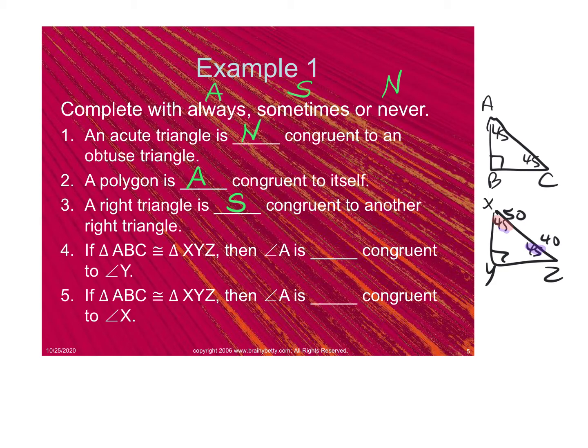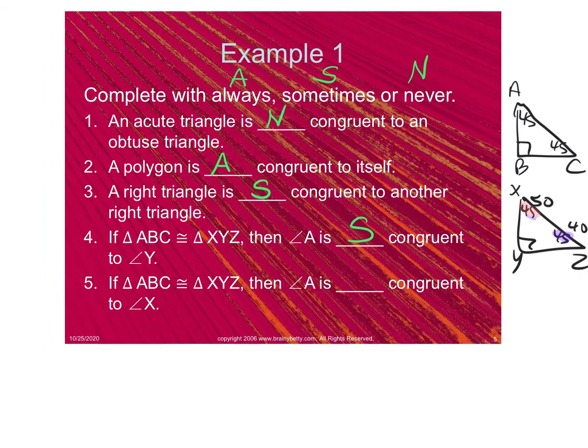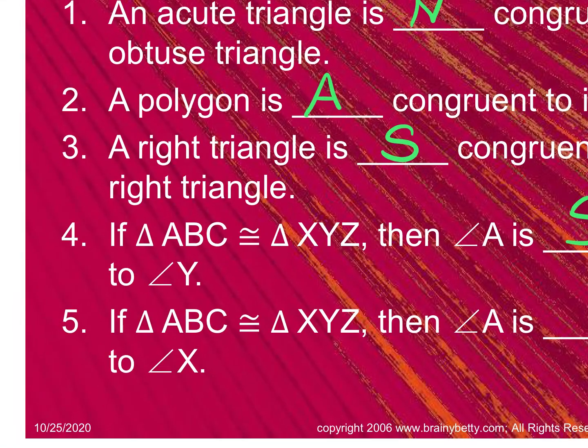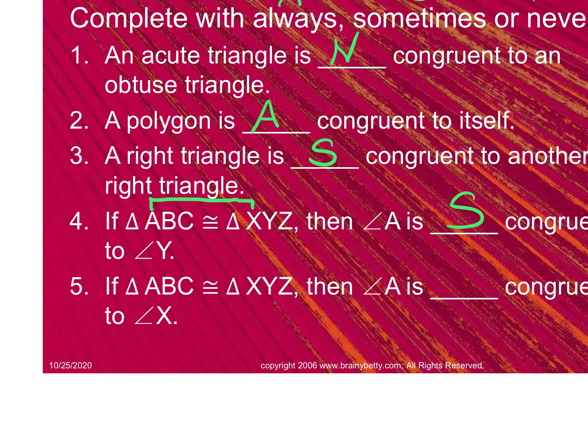The number 4, if triangle ABC is congruent to XYZ, then A is sometimes, always, or never congruent to Y. This is going to be sometimes, because if you use the congruency statement, remember in order for these to be congruent, A is supposed to match with X. However, if you have an isosceles triangle, then A will also match with Y. So sometimes it will, sometimes it won't.